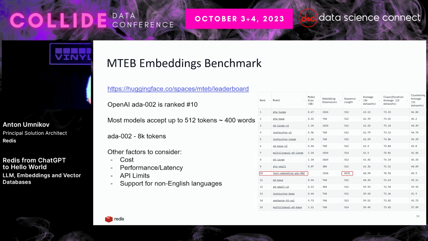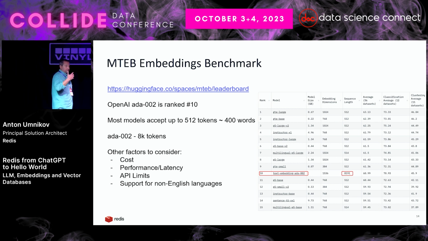They maintain a benchmark of those embeddings. And OpenAI Ada is just number 10. It's not number 1. It's aware of a lot of languages. Embeddings are really high quality, but based on this benchmark, it's not necessarily the best embedding out there.